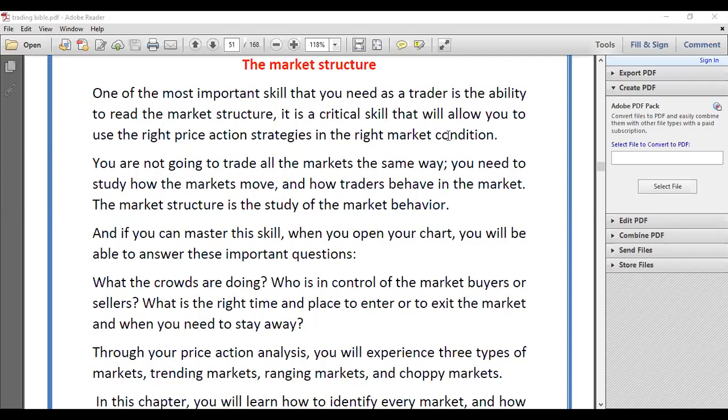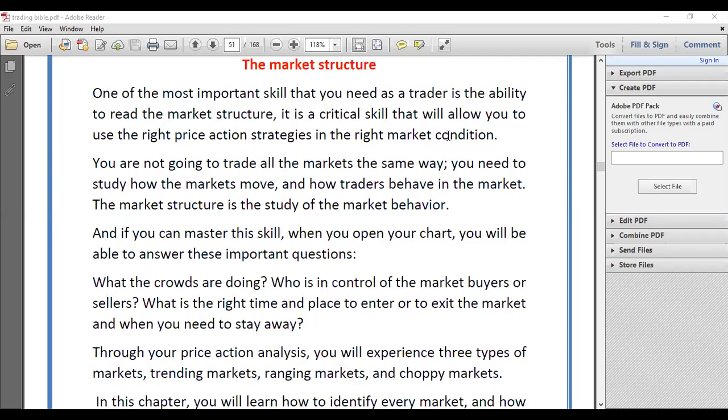Euro versus USD, for example, GBP versus USD, AUD versus USD. Now this transaction is done by the bank institutionals. They are the ones that actually run this transaction. All we have to do is to know the direction they want to follow, and we follow the direction. That's all. So we come with our strategies in knowing this direction.